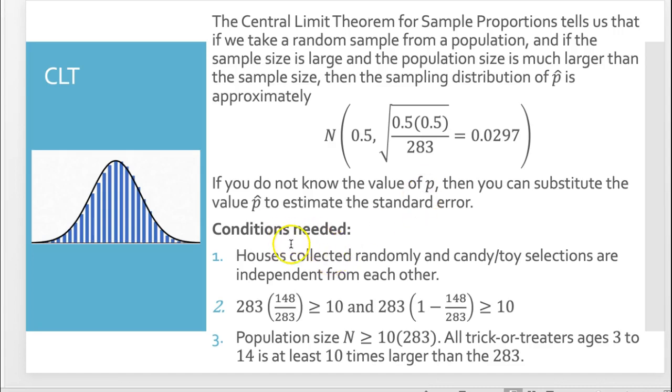Okay, as far as condition 1, we're saying houses were collected randomly and candy or toy selections are independent from kid to kid. If you do both of these calculations, sample size times sample proportion will definitely be 148, at least 10. And sample size times 1 minus the proportion will definitely give a value greater than or equal to 10.